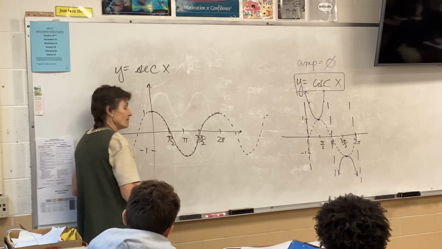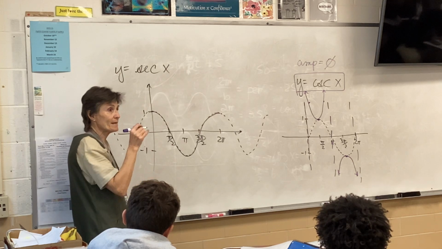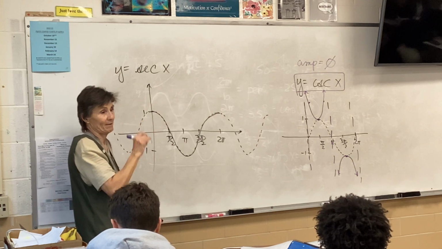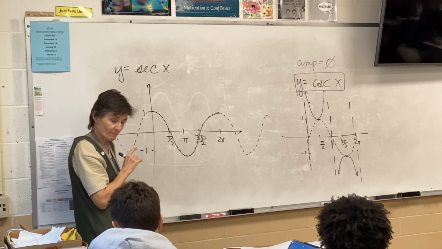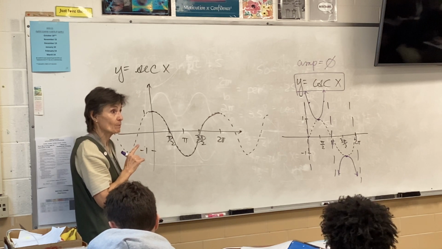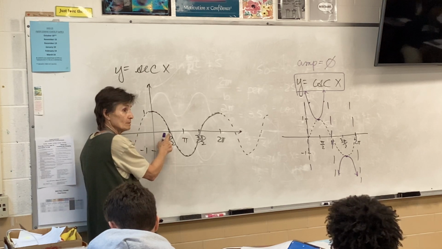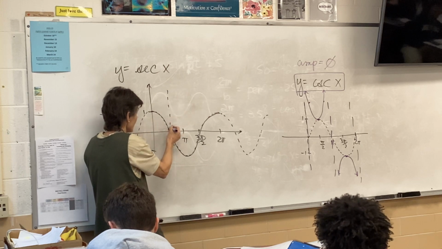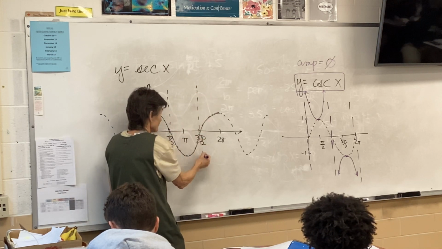Secant, being the reciprocal of the cosine, will be undefined when? Whenever the cosine is 0. So where is the cosine 0? Right here? So I'm gonna have an asymptote there. Gonna have an asymptote here.